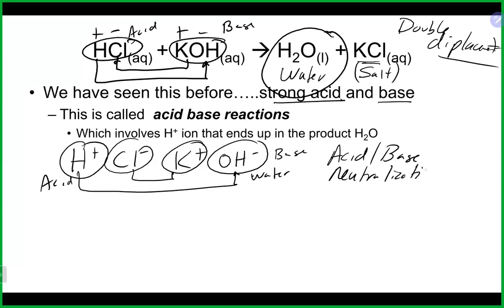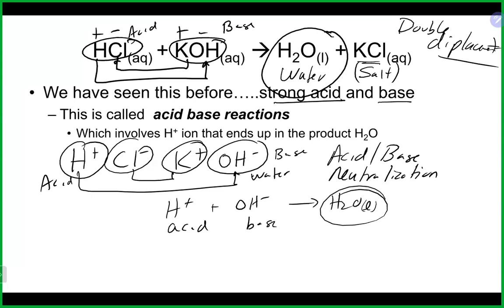And it's called a neutralization reaction because really the ultimate reaction that's happening here is the H plus from the acid hooking up with the OH minus from the base to make our good friend water. So that is ultimately what is happening in this reaction. That's why it's sometimes called an acid-base neutralization reaction.